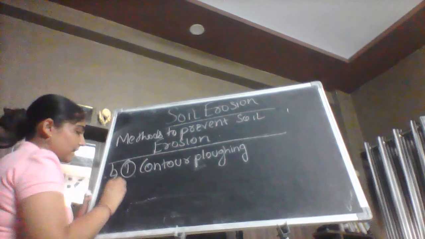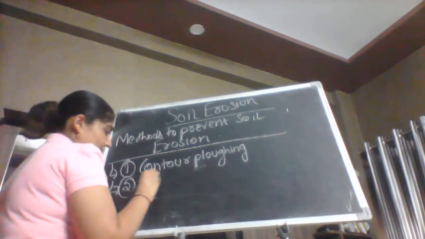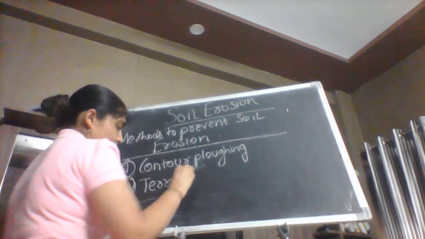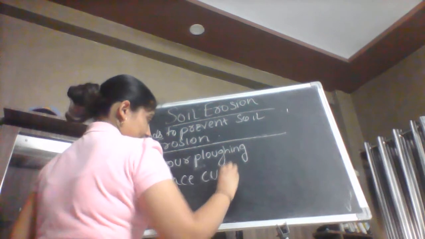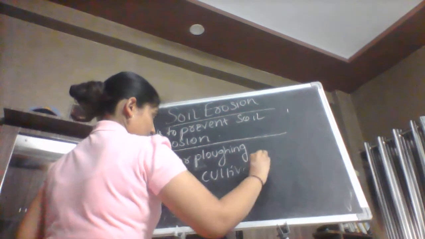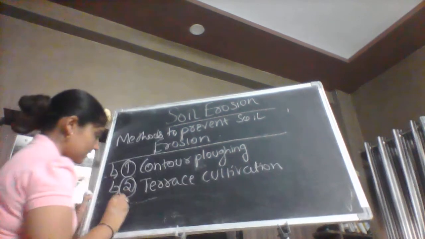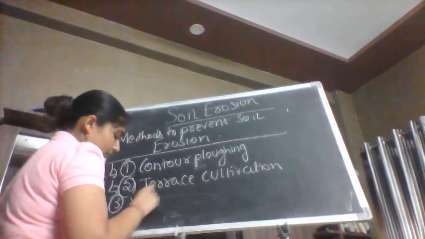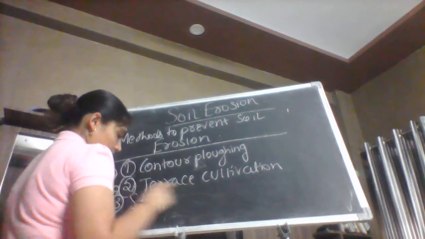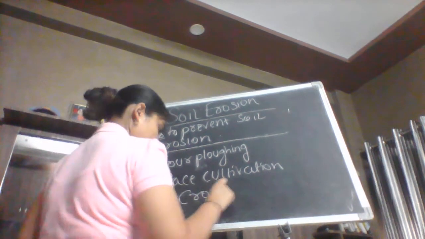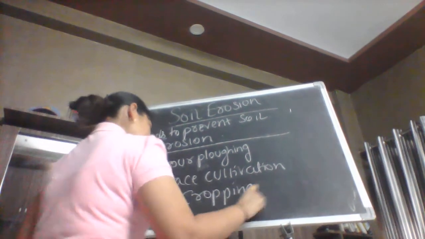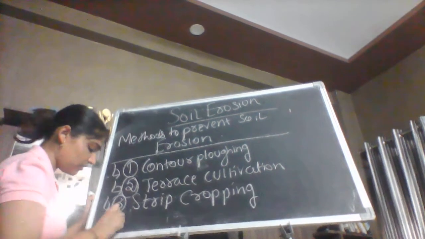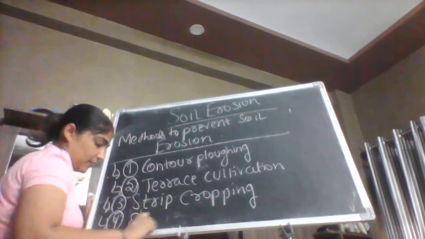The next method is terrace cultivation. The next method is strip cropping, and the last method is shelter belts.